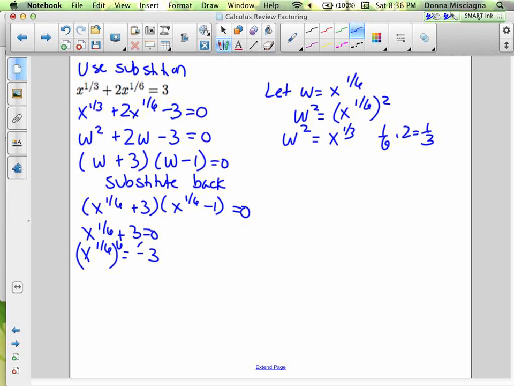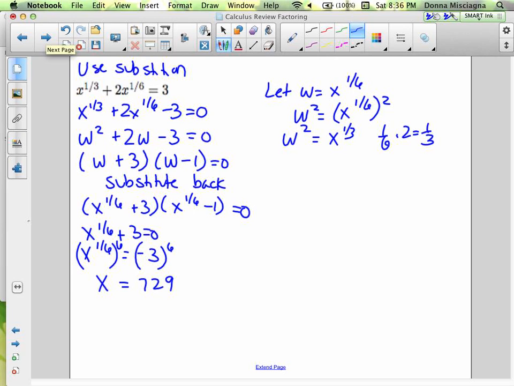Let's raise both of those to the 6th power to isolate x. So now we have x equals, and 3 to the 6th power is 729, positive 729. Now let's check that one out.